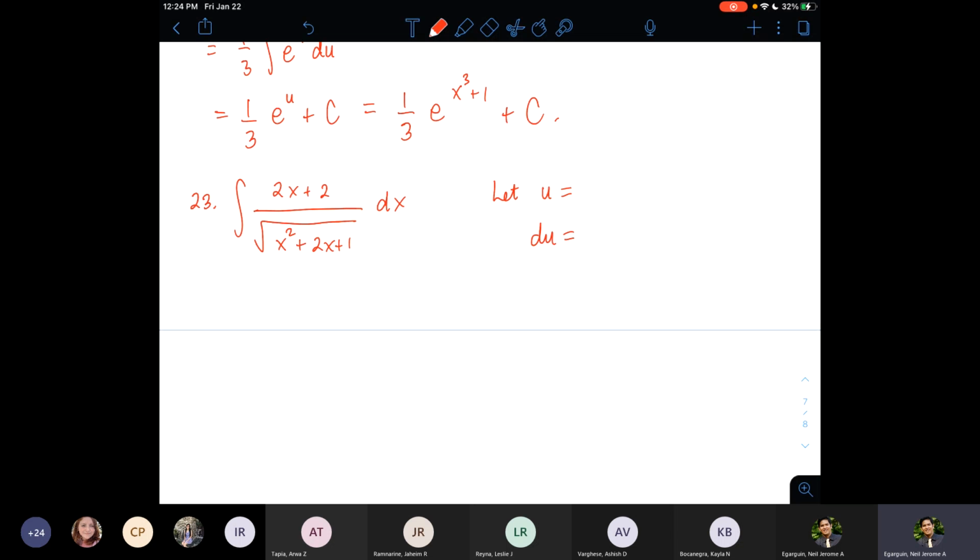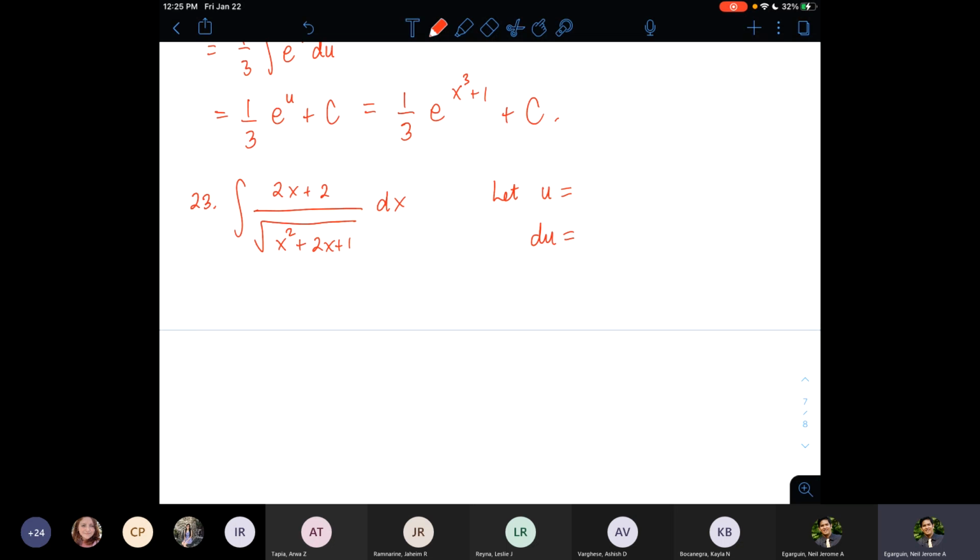Having said that, for quotients, most of the time I try getting the u from the denominator. And what's the logic behind that? Well, if I let u be something from the denominator, I am reserving the numerator to be the source for my du. That's why the denominator would be my go-to first choice for the function u, right?